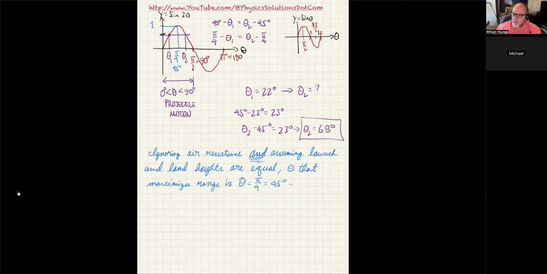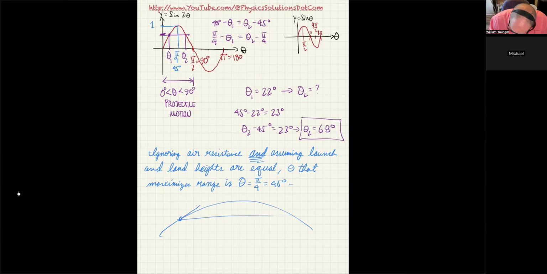Obviously if you're actually throwing a ball, then chances are you're throwing it from some height that's different than the ground height. But that's a pretty good first order approximation to just assume you're throwing it roughly the same height, and therefore 45-degree angle would be slightly better. If, however, you want to take into account the fact that you're firing it from another height, then what you want to do is shoot it a little lower than 45 degrees because then it's supposed to act like the remainder portion of the trajectory, which is here.